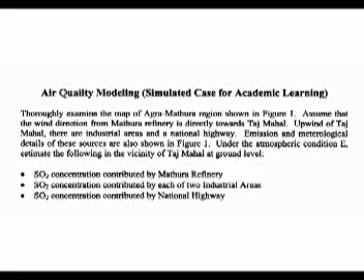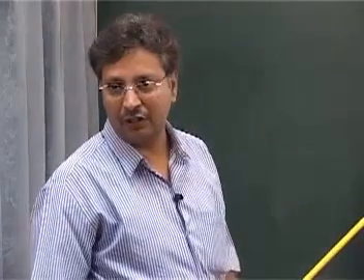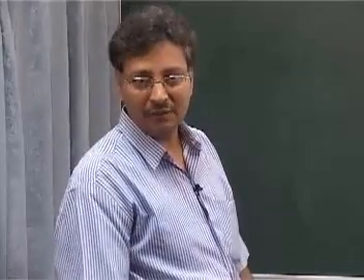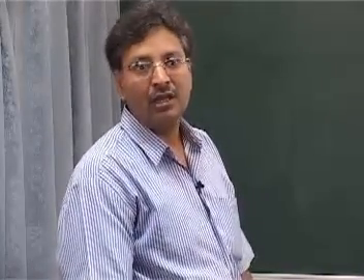Upwind of the Taj Mahal, there are industrial areas and a national highway which passes very close to the Taj Mahal. Emissions and meteorological details of these sources are shown in figure 1 under the atmospheric condition E. What condition is E? Stable.